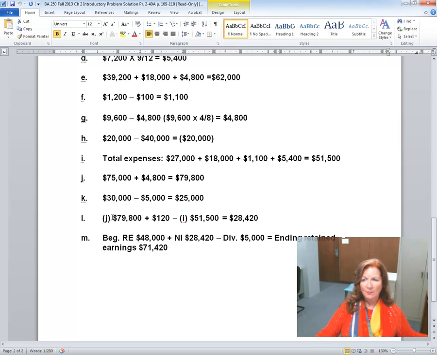So the earned revenue from services and the earned revenue from interest added together minus the expenses gives us our net income in this problem.